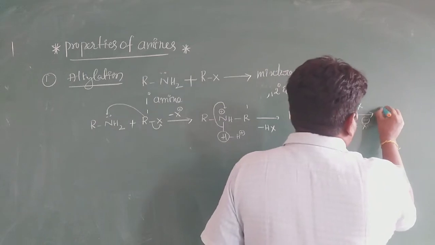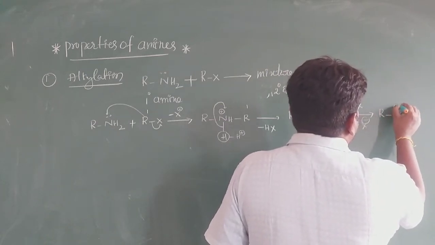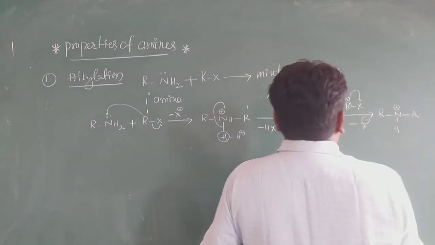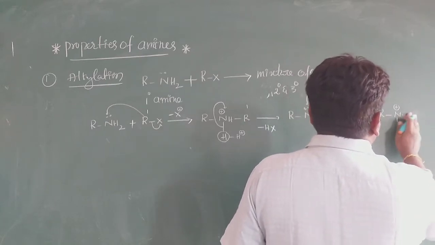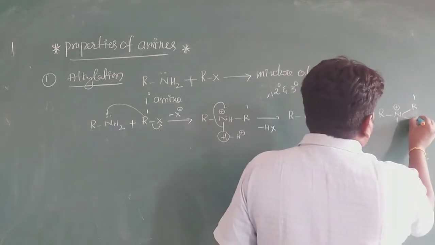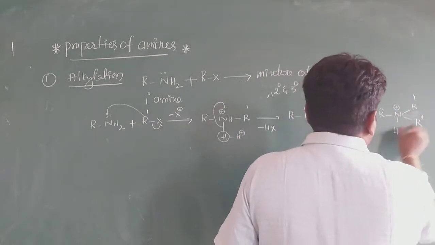That is R, and N plus, I'll write the H and R. So R is already there. This is the R dash, this is the R double dash. Next, it is H.